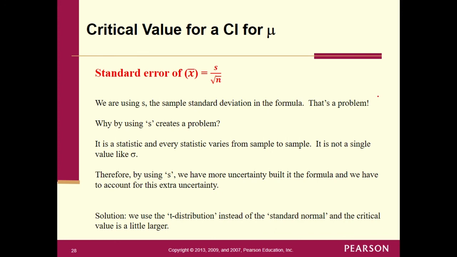What we do is use what's called the t-distribution instead of the standard normal, and the critical value is going to be just slightly bigger than it would have been if using z. So we're going to use the t-distribution when working with mu.